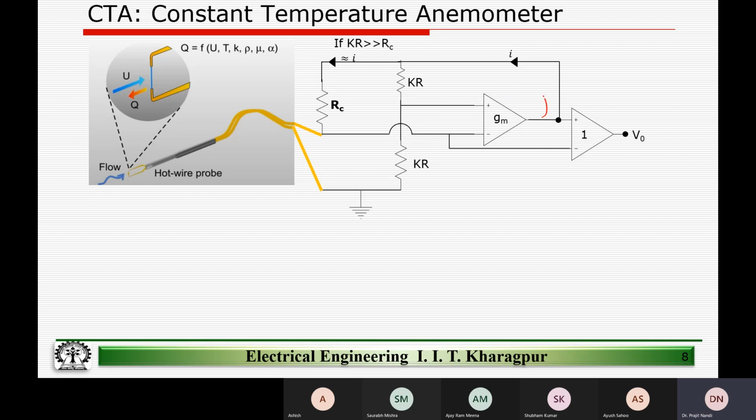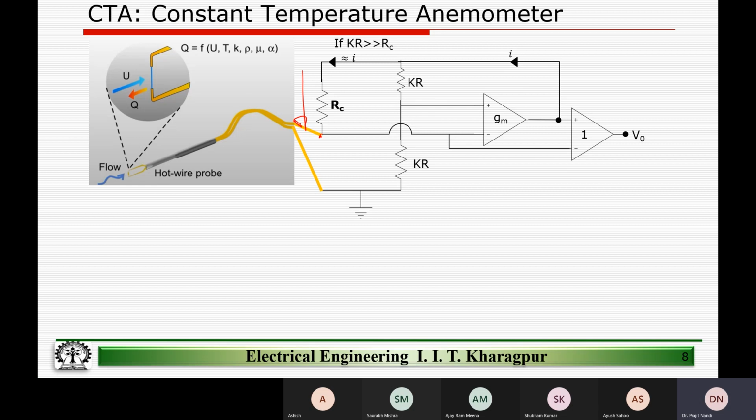There is a feedback in this mechanism, that you can identify, right? The fact that we are changing the current based on the voltage that we are sensing, there is a feedback, and the current is flowing in these arms.